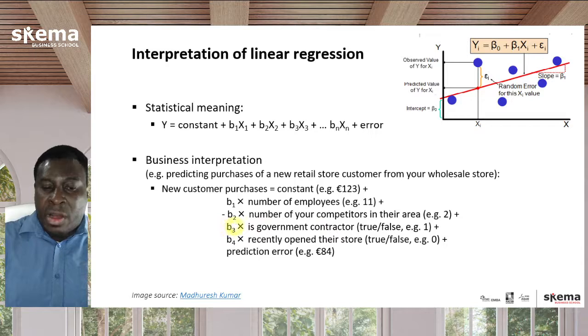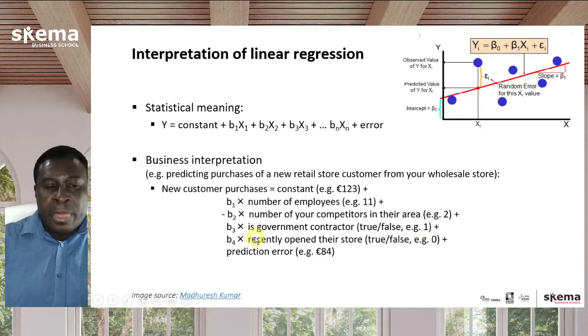So that would have a positive effect on increasing the sales they might get from us. And then there might be a question of, have they recently opened their store? If they only recently opened their store, then they might have a lot more sales because they want to stock up. But if it's not a recent opening, then that would be zero in this case, and that doesn't have an effect.